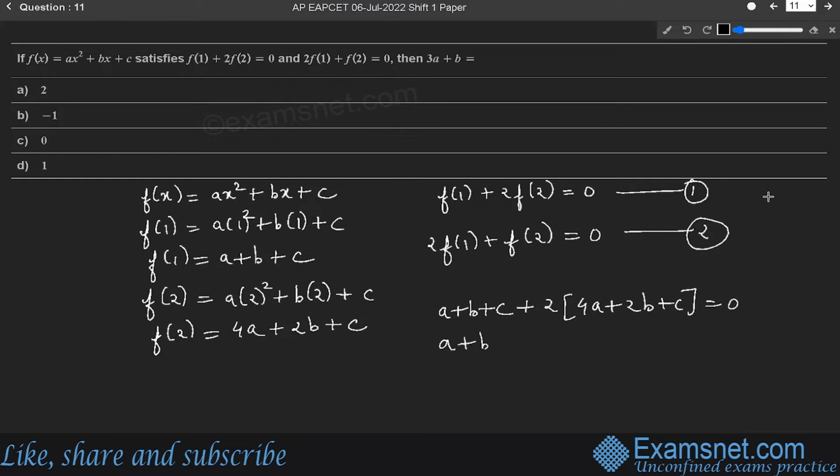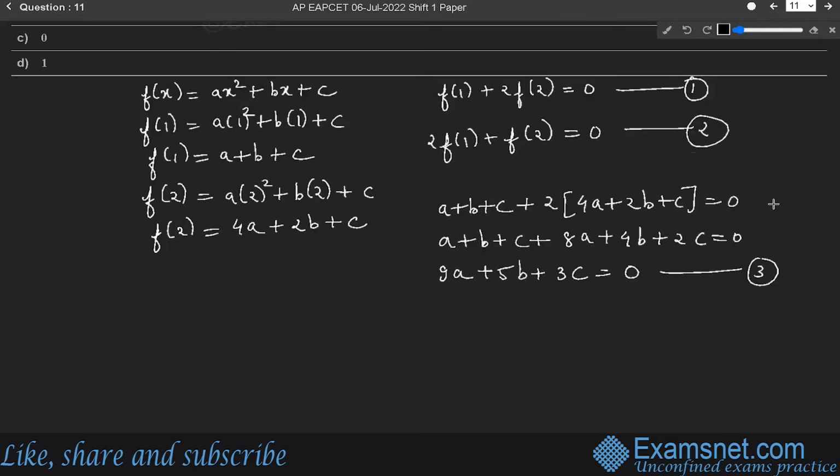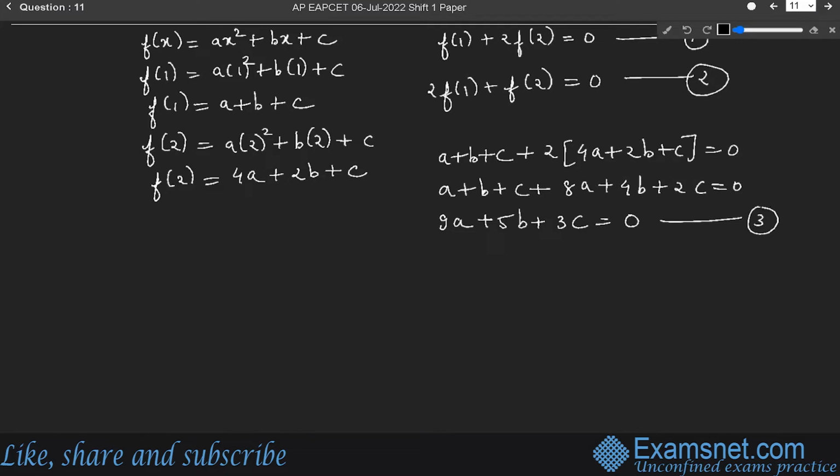So we get a plus b plus c plus 8a plus 4b plus 2c is equal to 0. On adding this, it will be 9a plus 5b plus 3c is equal to 0. Let this be equation number 3. Similarly, putting the values in equation 2, we get 2 into f1, f1 is a plus b plus c, plus f of 2, f of 2 is 4a plus 2b plus c, is equal to 0.